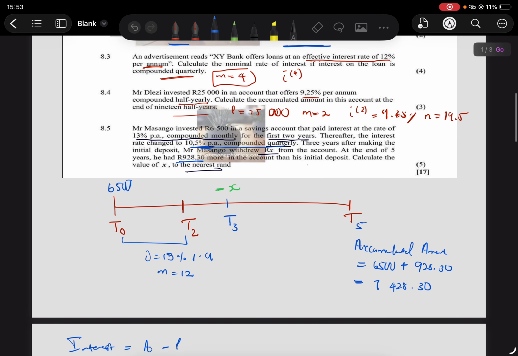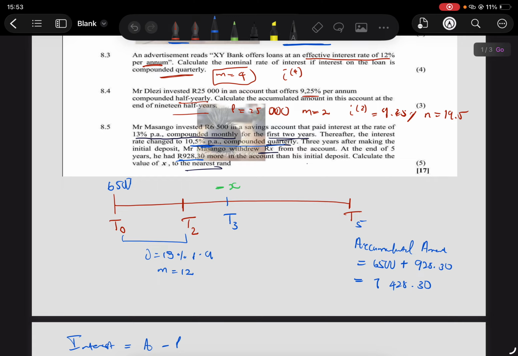Okay, cool. So the first part of this video, I want us to just understand how we drew the timeline. This investment takes place in 5 years, right? It is an investment for a period of 5 years. At the beginning of the investment, Mr. Masango had R6,500, and this R6,500 grew by 13% per annum for the first 2 years.